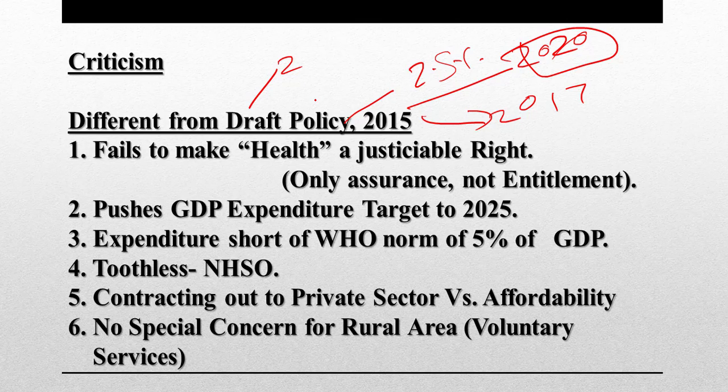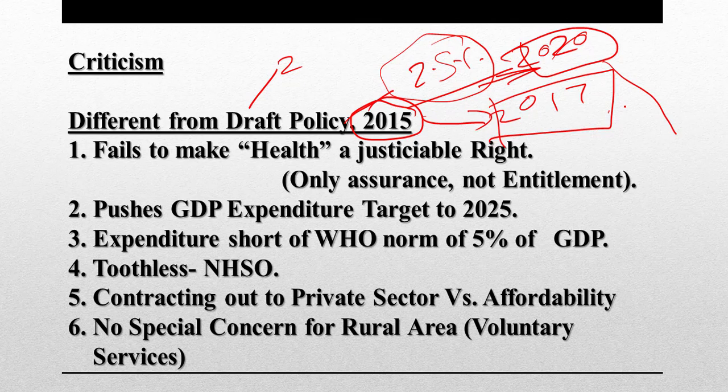Now after discussions and debates with the public, it has been reduced to the 2017 policy, which falls quite short of what was enunciated under the 2015 policy. For example, the 2015 policy talked about achieving a spending target of 2.5% of GDP by 2020. Now the 2017 policy delays it to 2025.